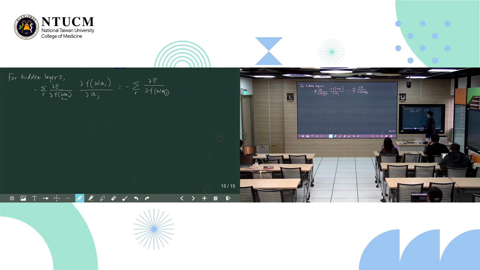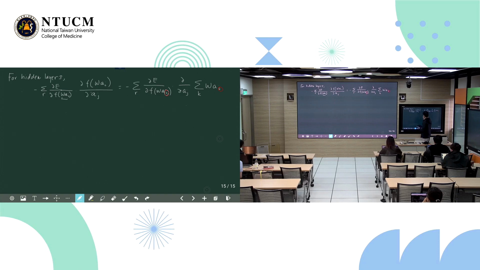Input, times the partial derivative with respect to aj. I'm going to change this form at the end here. Sum over k. Here is where the notation is very critical. So we have the input, and this is also input here.